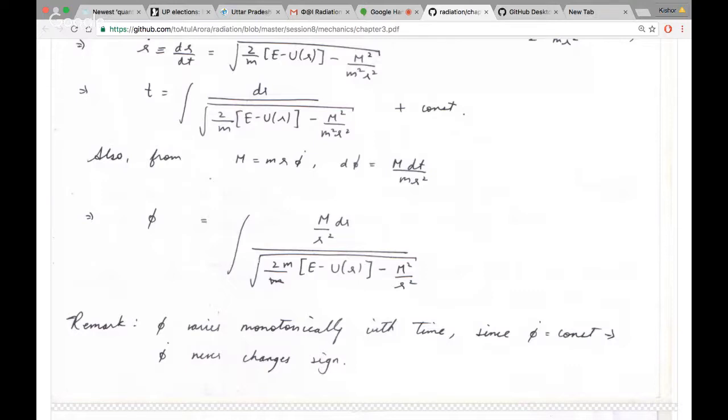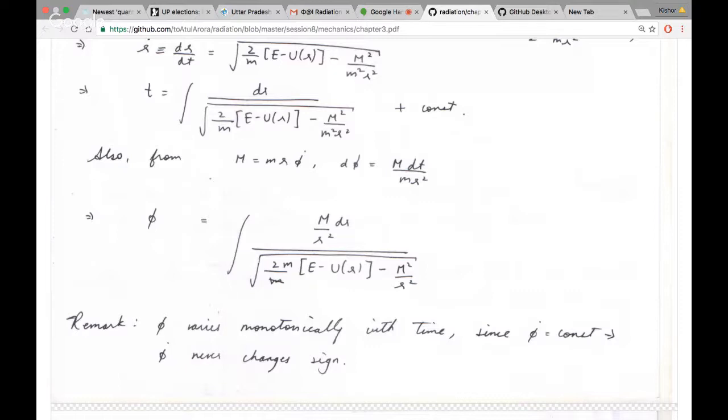So d phi is equal to M dt by m r squared, and all of these are positive. So the sign of dt and d phi are linked, so it varies monotonically with time. And since phi dot is constant, phi dot never changes sign. It's varying monotonically and phi dot is constant.